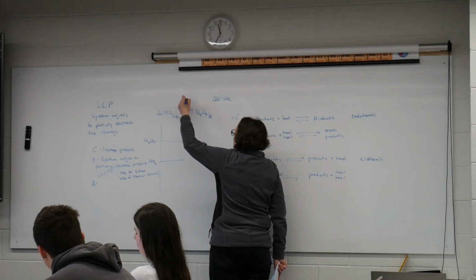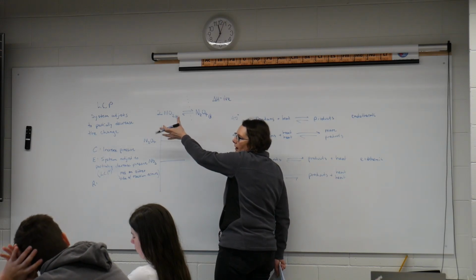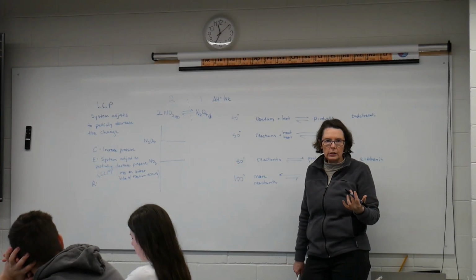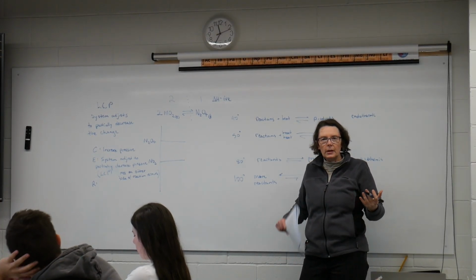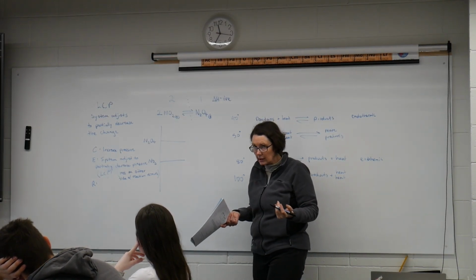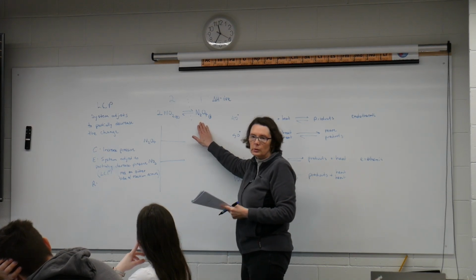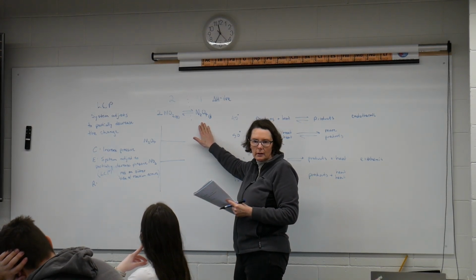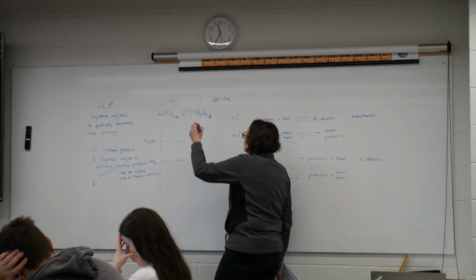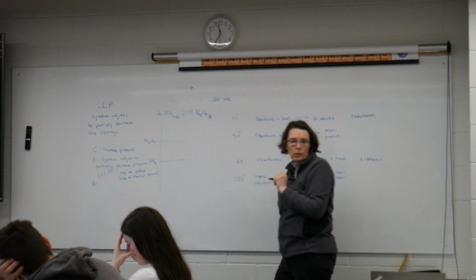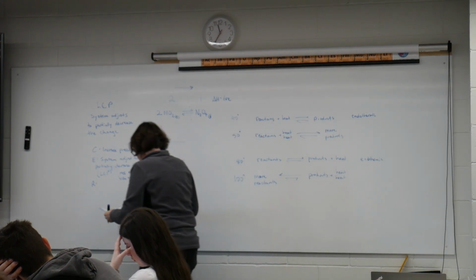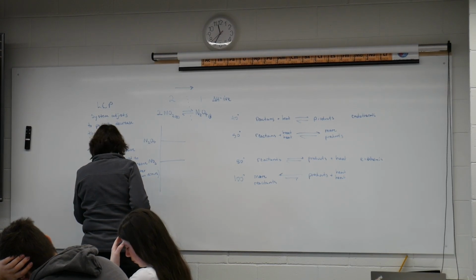Because here, in this case, I've only got one reactant and one product, but I've got a mole ratio of 2 to 1 for the whole reaction. So if I'm thinking about gases, and basically they're going to be behaving like an ideal gas, then this one's going to occupy less space, isn't it? So if I increase the pressure, the forward reaction is going to be favoured because there's less moles of gas. So we have our forward reaction favoured.